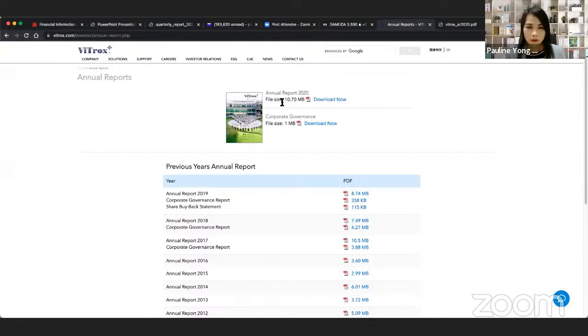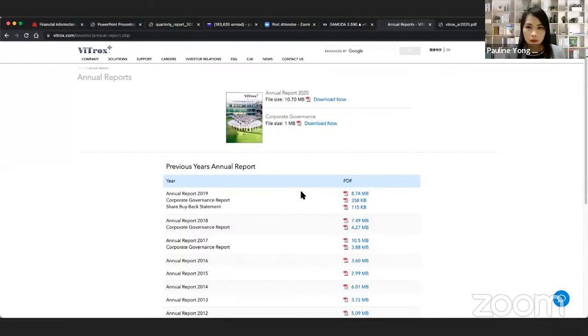You see this one, the latest annual report on this website is the 2020 annual report, which means the 2021 should be coming soon, but is not in yet. Now we are in 2022, and the financial year end is December for this company. So if you read the 2020 annual report, it's a bit outdated. So you definitely have to read their quarterly report.